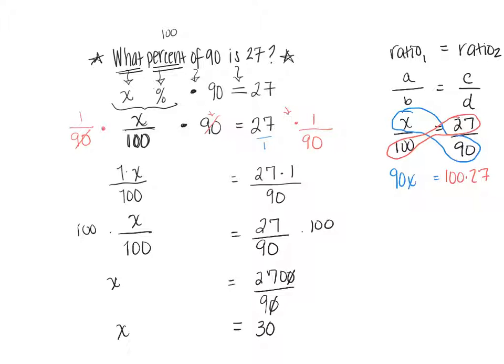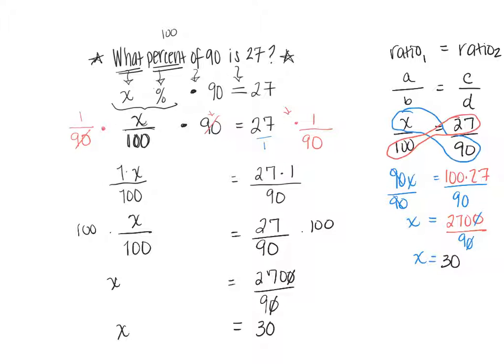Now, in order to do this, I divide both sides by 90, and my x equals 2700 over 90. My zeros cancel out. And oh, this looks very familiar. My x equals 30. Ooh, cool.